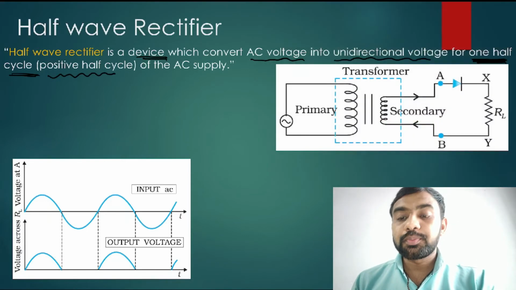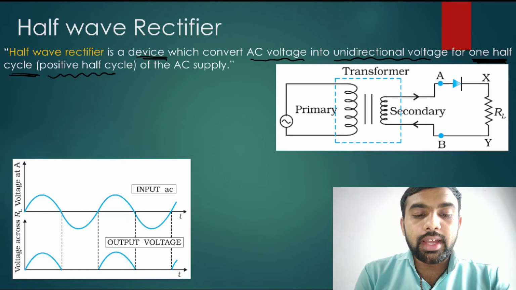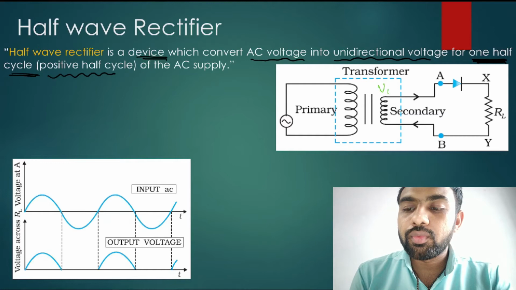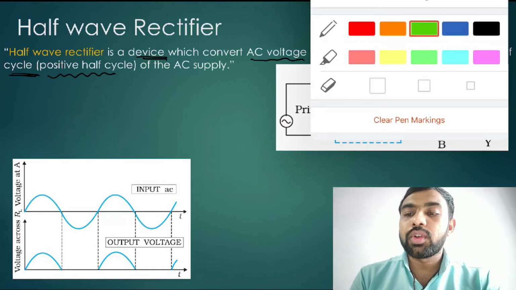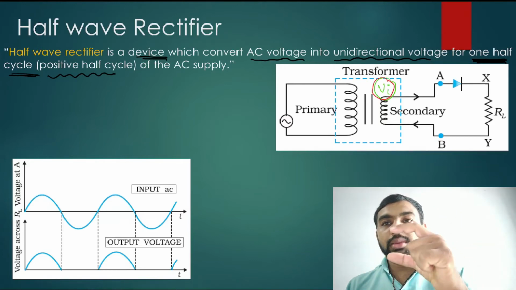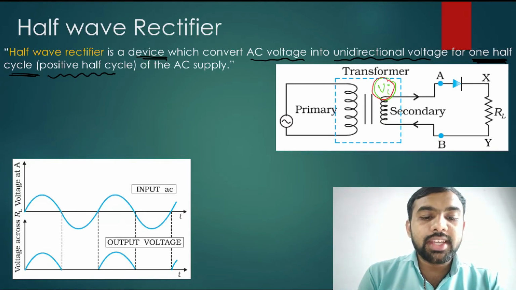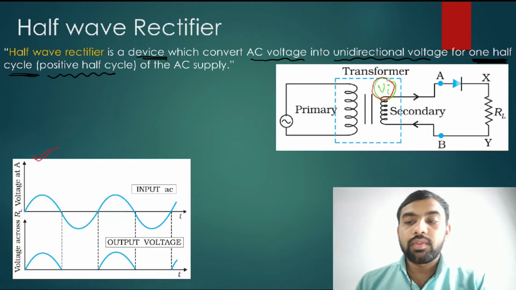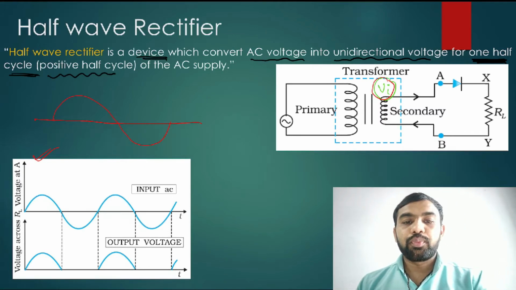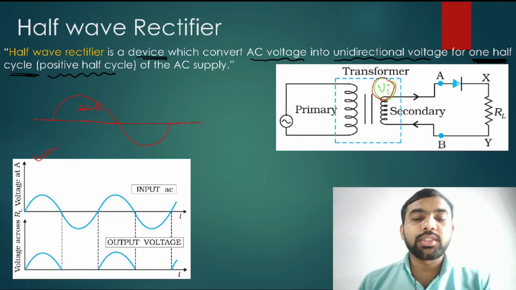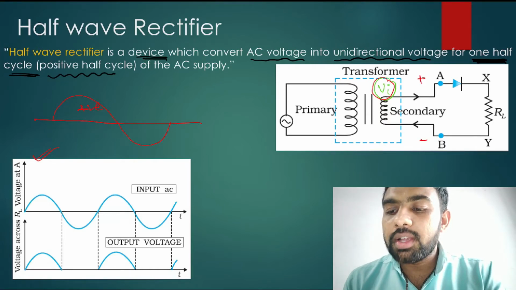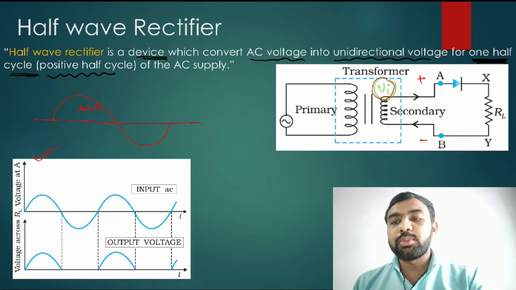Okay, suppose you apply this current here. That is V input. Here some V input is applied, between A and B. When you apply this type of cycle, meaning positive, when this positive cycle is applied here, end A becomes positive and B becomes negative.